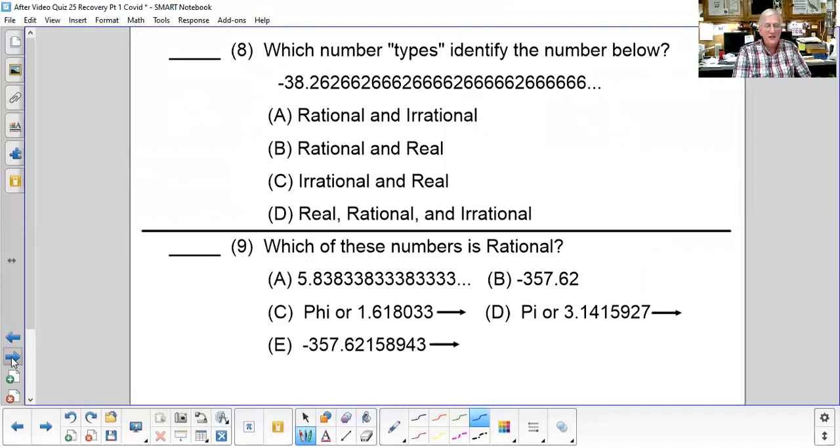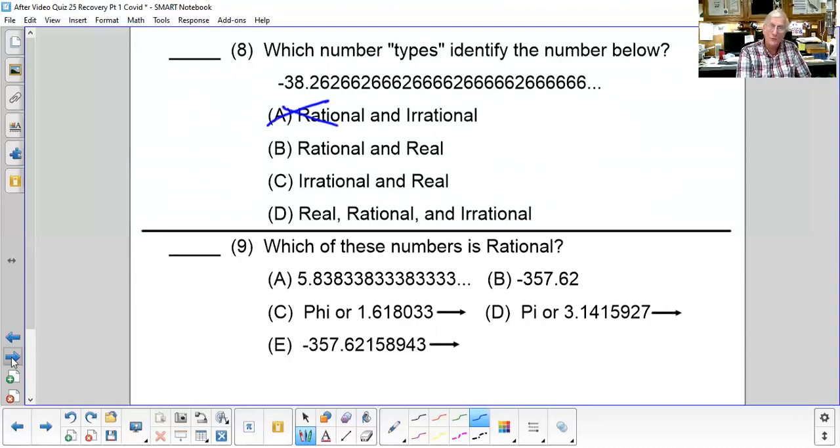Which number types identify the number below? Well, if you look at the decimal, it goes forever. It does look like it's showing a growing pattern, right? 2, 6, 2, 6, 6, 2 followed by three 6s, 2 followed by four 6s. Therefore, you know that that is an irrational number. Can it be rational and irrational, as A says? No. Numbers can't both be rational and irrational.